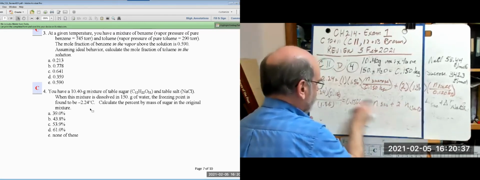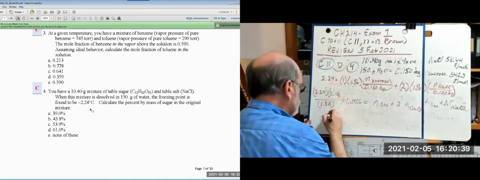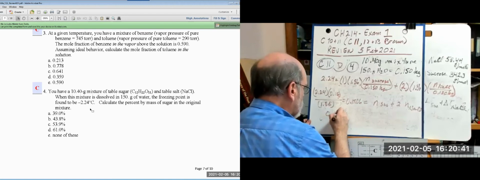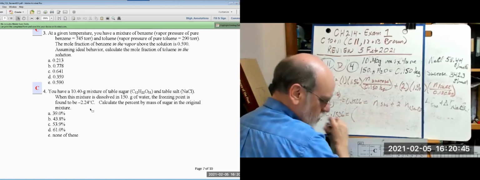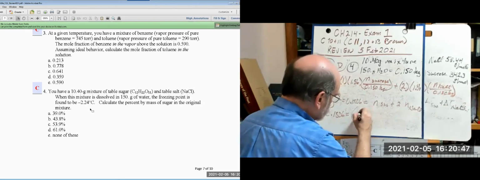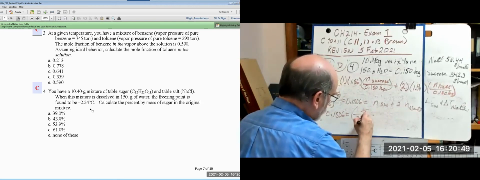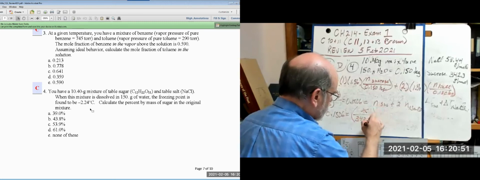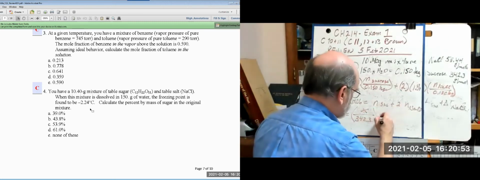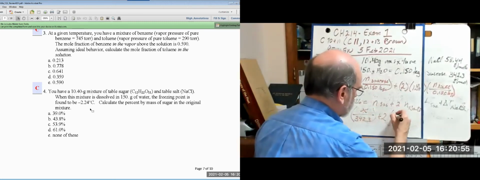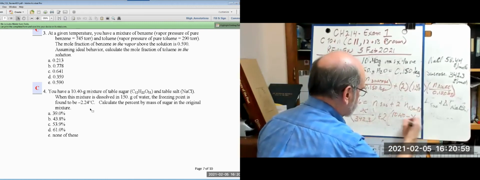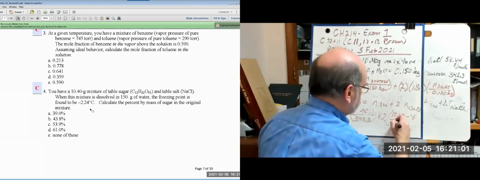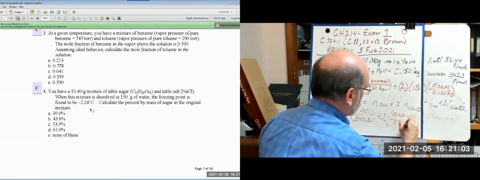All right. So now what we have is 0.1806 equals, substitute in for that, which is X divided by 342.3. And then for this, 2 times (10.4 minus X) divided by 58.44.